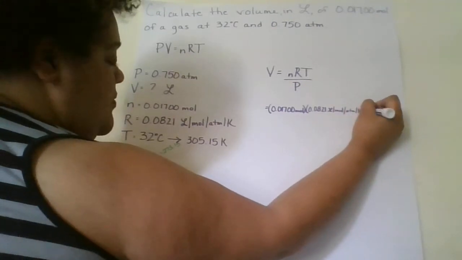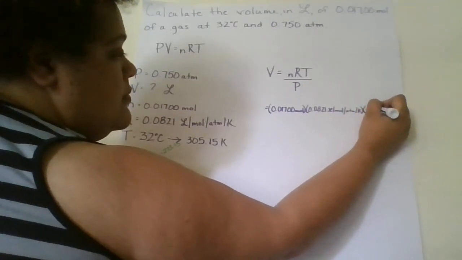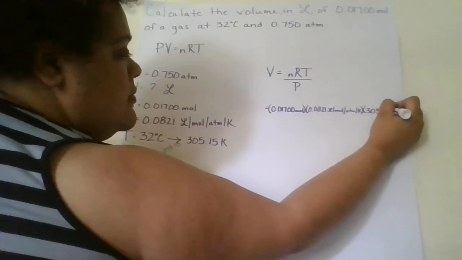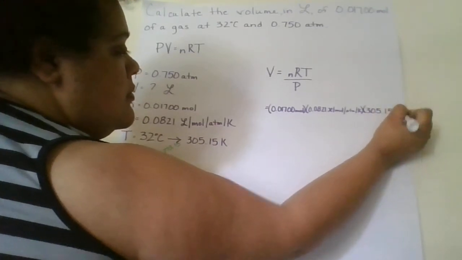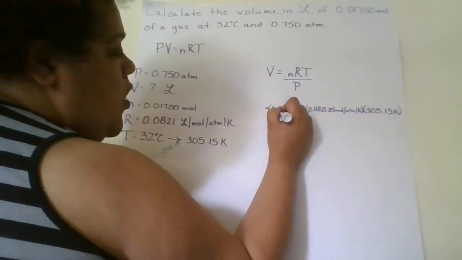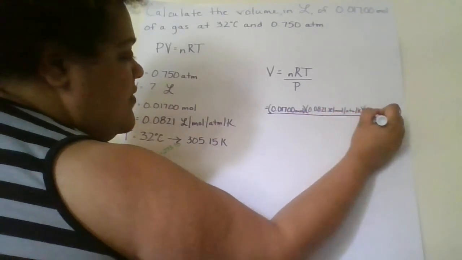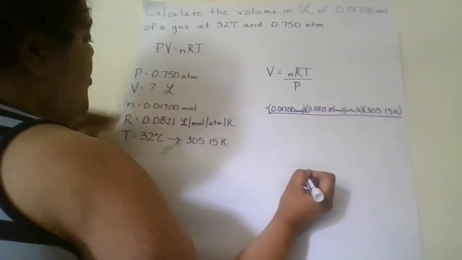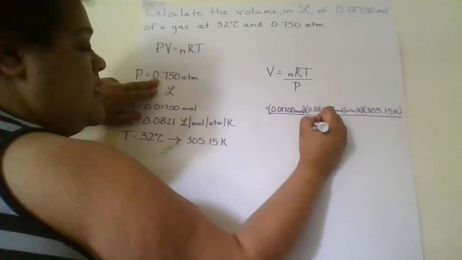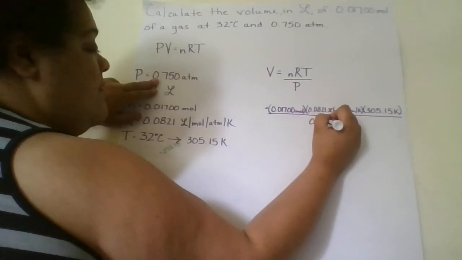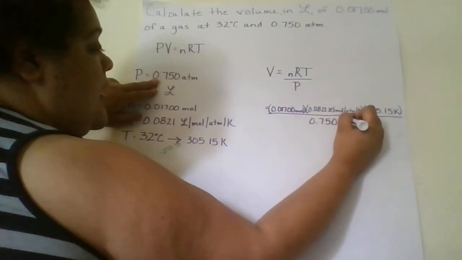Our temperature, and then we're going to divide all of that by our pressure, which is going to be 0.750.